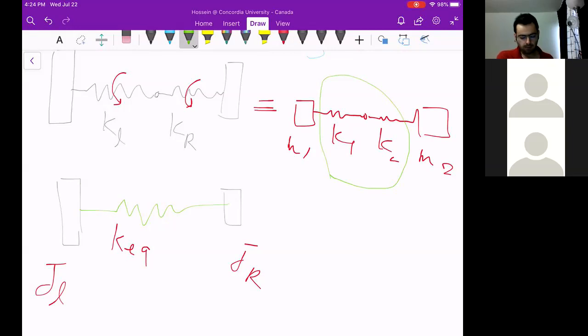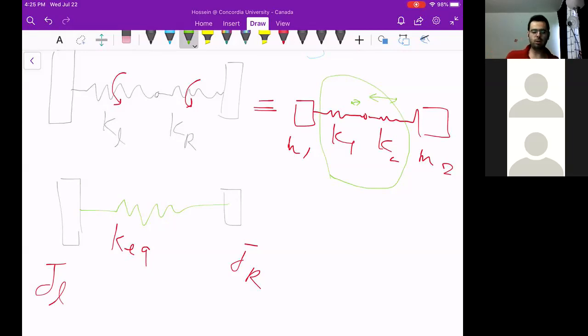Because the force that will pass through these 2 springs is the same, but their corresponding deflection would be different because their stiffness is different. For example, if K1 is very stiff, it will only displace a little like this. If K2 is very soft, it will deflect very much. So their deflections are different.